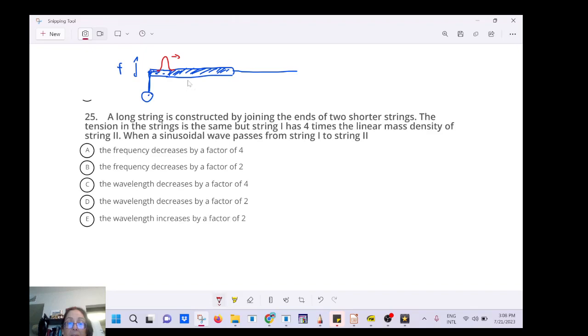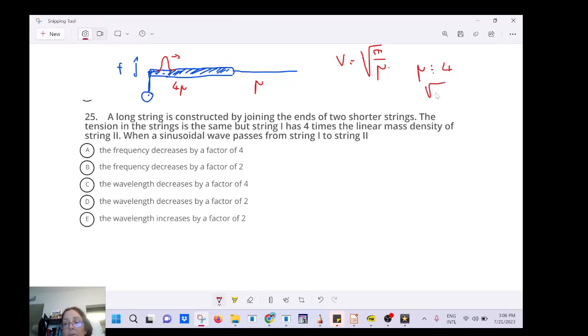So anyway, here the linear mass is 4 times as much. So here it's 4 times less. Okay. And the speed, so the tension is the same. So we don't care about the tension, but we care here about mu. So if mu is divided by 4, so it has 4 times less inertia.